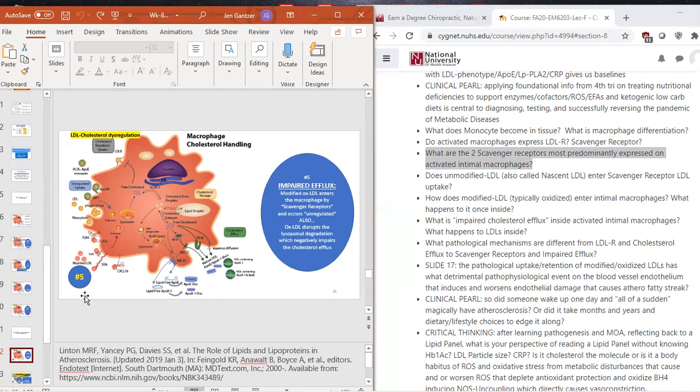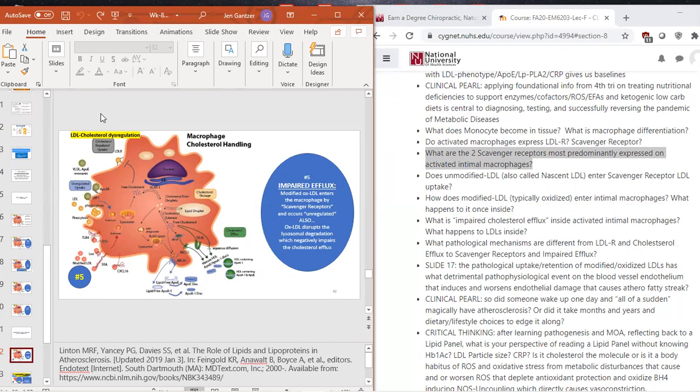Now, pay attention. You have to know every step that I'm about to say. When you have the CD36 and the LOX1 expressed scavenger receptors, they only take up modified and oxidized LDL. They do not respond to the normal physiologically healthy LDL, nascent LDL.